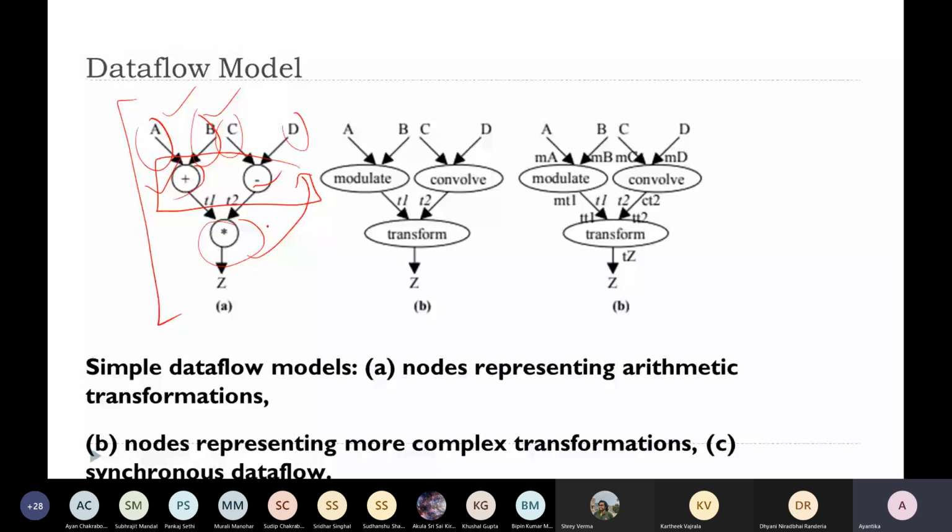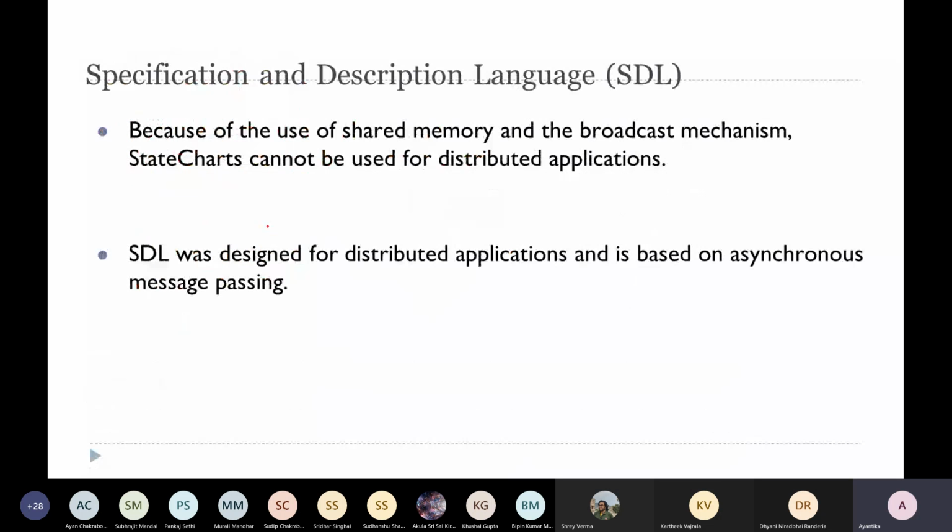Now, this is one limitation, or we should say the data flow model is one example where FSM or finite state machine, state change based on some transition, may not be effective. That is one limitation. Another limitation is when we closely observe state chart. Remember, we talked about communicating FSMs.